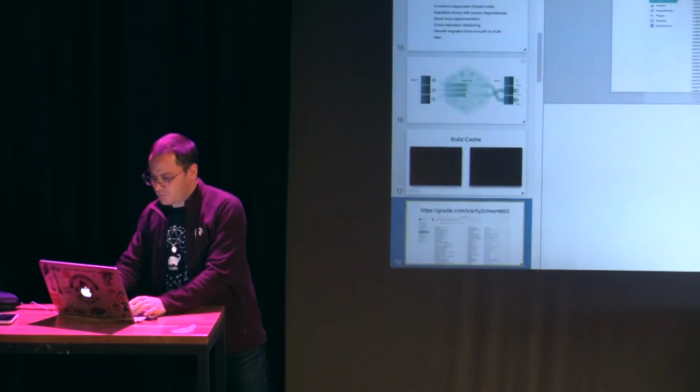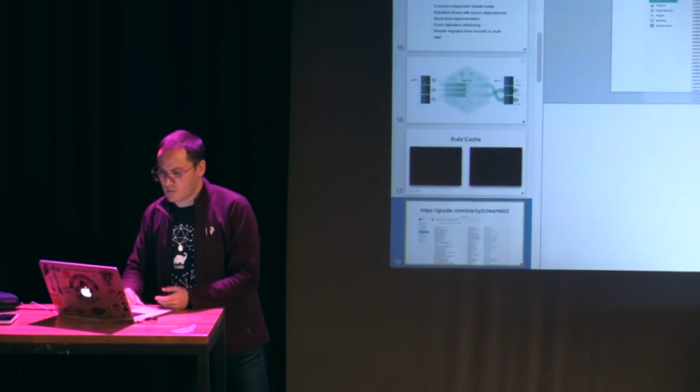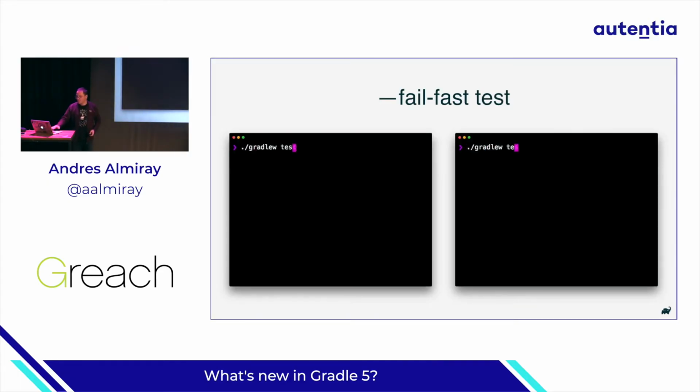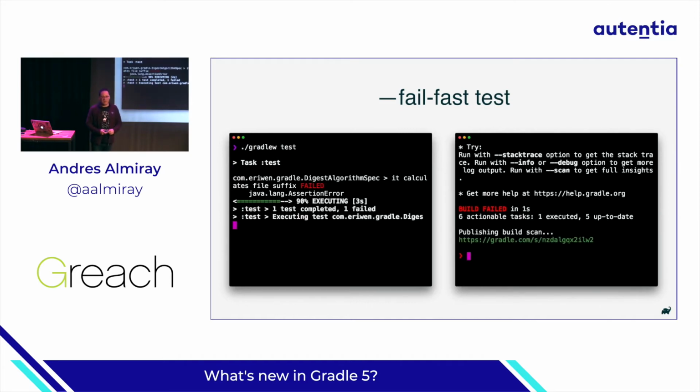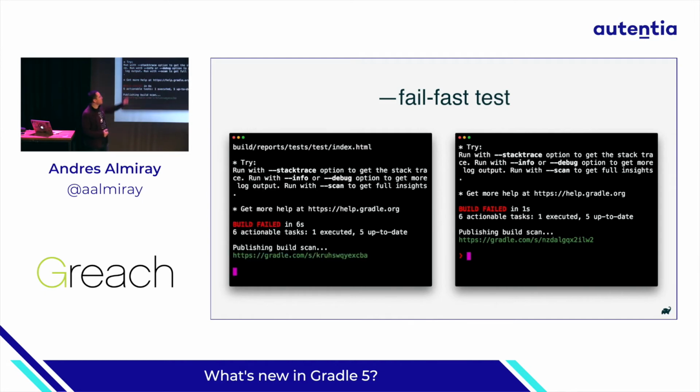All right. Let's click play here. Here's another one. On that side, we got a test case that is broken. And because we specified the dash fail fast, the first test that fails, Gradle will completely stop executing the build. Whereas without that flag, there will be a test that fails, but Gradle will continue to execute the rest of the test suite.